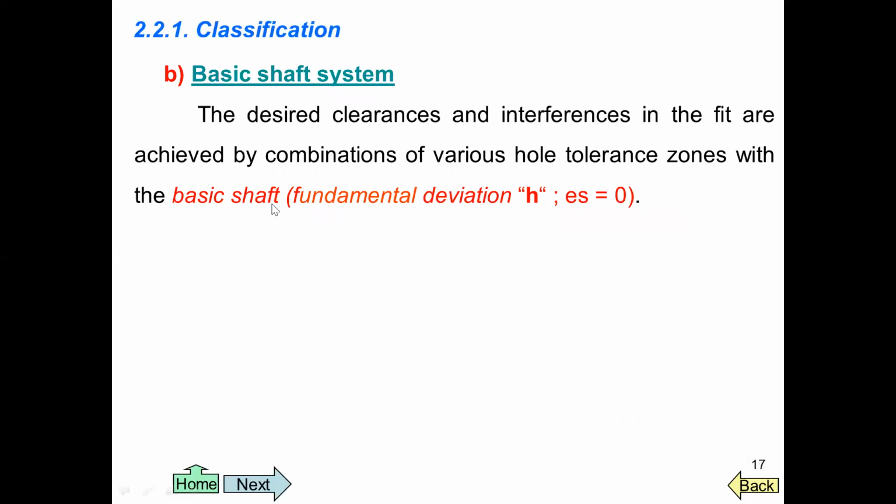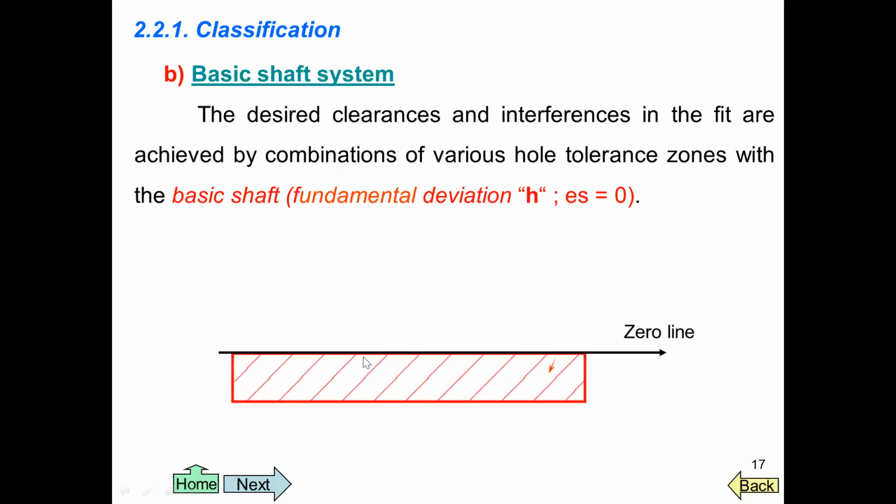That means we have the shaft tolerance zone below the zero line, because the fundamental deviation of the shaft is S in lowercase. That means the upper limiting deviation of the shaft equals 0.